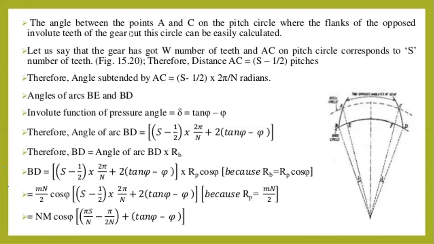Then the arcs BE and BD have been taken. So the angle of the involute function of the pressure angle is taken as sigma is equal to tan psi minus psi.